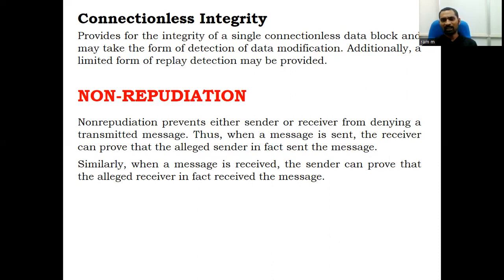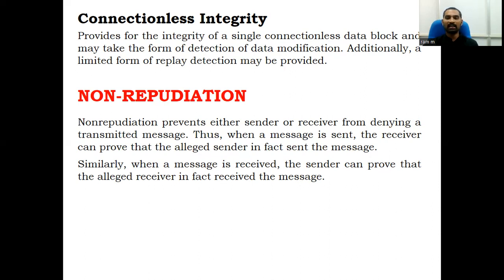We can consider this in the form of WhatsApp. Whenever we send a message in WhatsApp, from the sender's perspective, we can see two blue tick marks, which say that the receiver has received the message and has read the message. So the receiver cannot deny that he has not received the message.